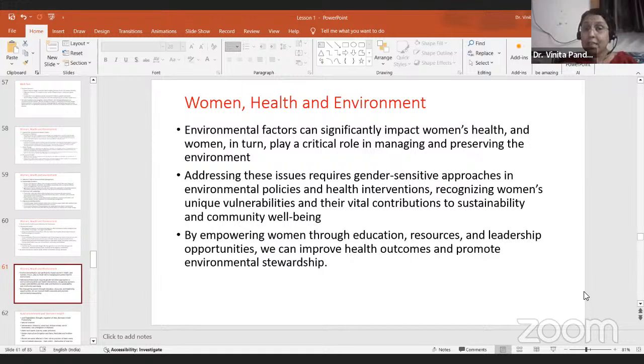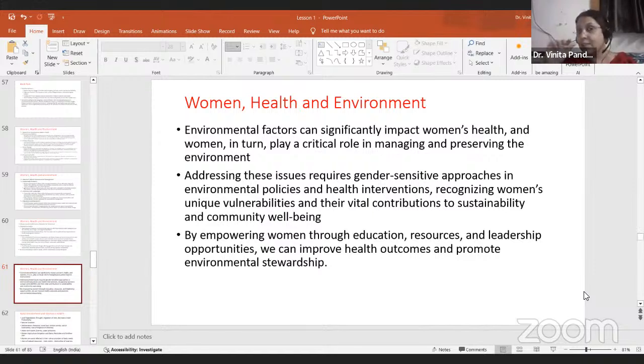That is why we are saying that whenever you are talking about women's health and environment, whether rural, urban or tribal area, India, globally, Africa, America, whichever part, gender sensitive approaches will yield better results, where you are not only appreciating the vulnerability of women, but also her strengths, which can be used to ensure that policy interventions become successful.